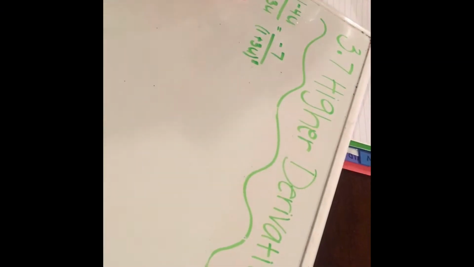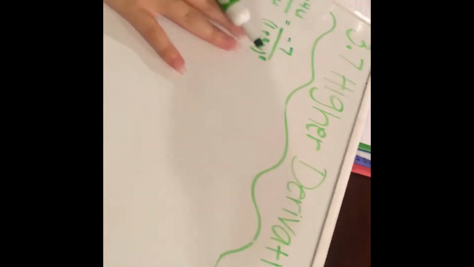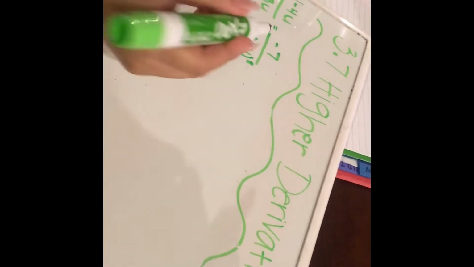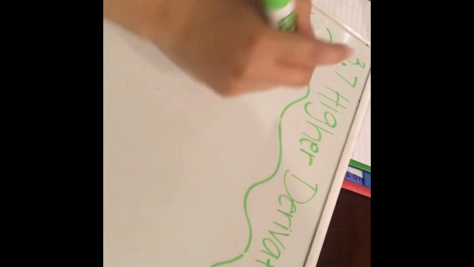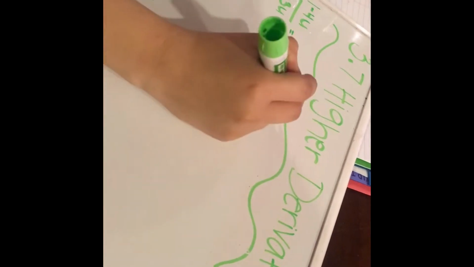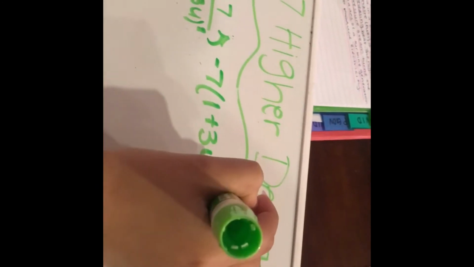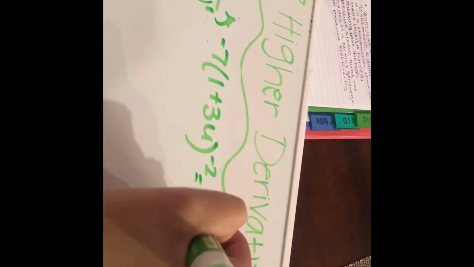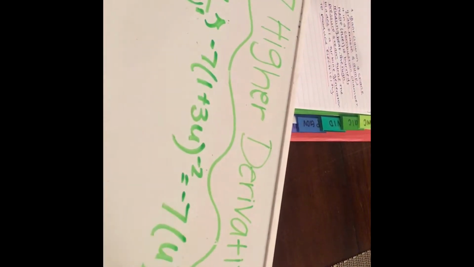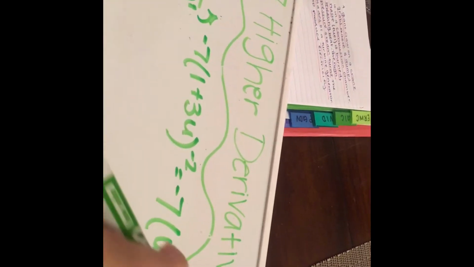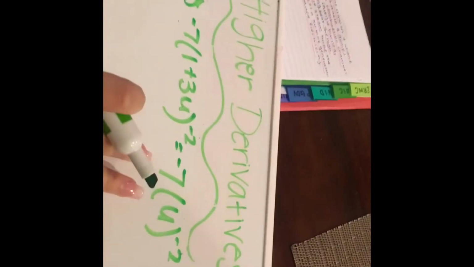So now that we found the derivative of this, we're going to do the derivative of this. We don't want this on the bottom, so we're going to move it to the top, which gets us -7 times 1 plus 3u to the negative 2. And that equals -7u to the negative 2. And then we're going to bring the 2 down to come out with a 7.